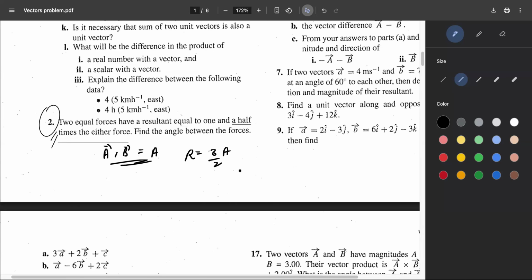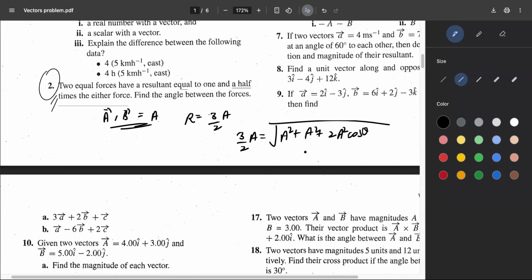You can simply say that the resultant is given as 3 by 2 times A. How do we calculate the resultant? Under root A square plus B square plus 2AB cos theta. So you come up with this, and square both sides. It comes out as 9 by 4 A square is equal to A square plus A square plus 2A square cos theta.